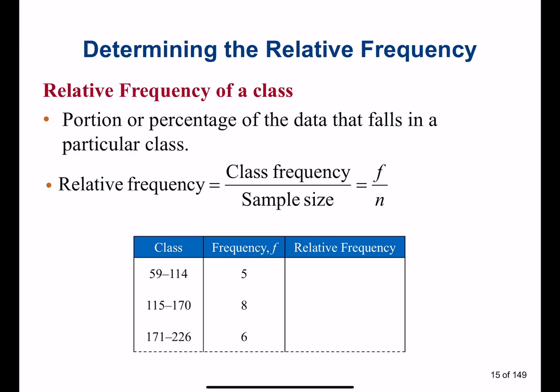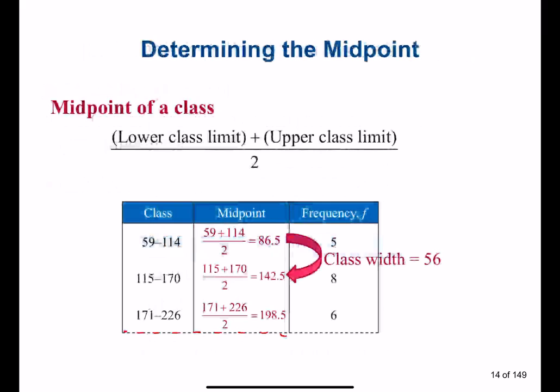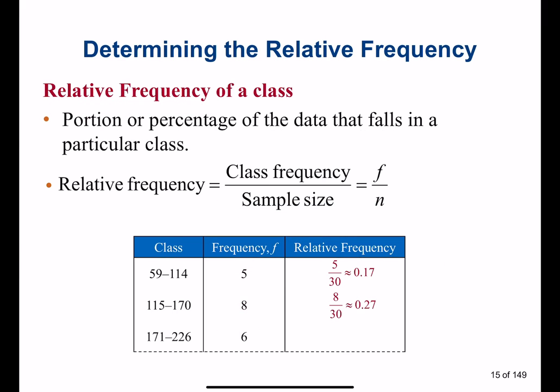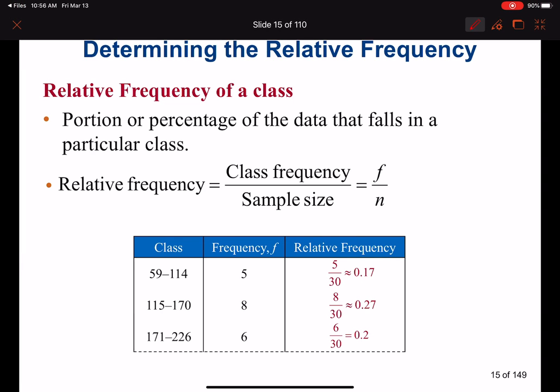So it's going to be 5 over 30, 0.17, 0.27, 0.2. How did we do that?